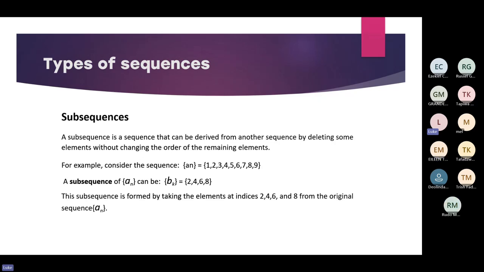A subsequence of A subscript n can be B subscript k, which is 2, 4, 6, 8. You can see that we have taken 2, 4, 6, 8 from the first sequence, which goes from 1 up to 9. So this subsequence is formed by taking the elements at indices 2, 4, 6, and 8 from the original sequence A subscript n.